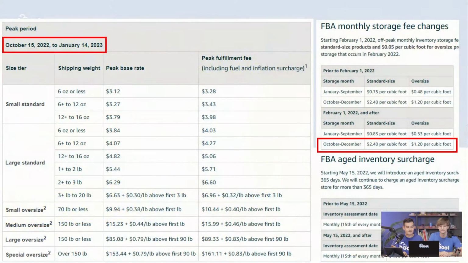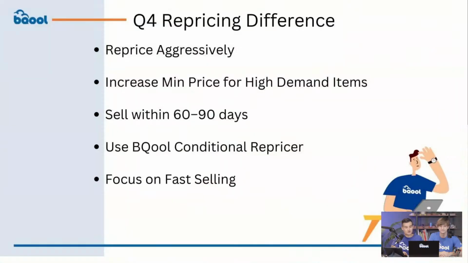So let's take a look at some of the other important factors here, because of these storage fees. What do you want to do here? Yeah, first, you want to make sure that you reprice aggressively, because there's a lot of seasonal items you're going to sell, and you don't want to be stuck with those items for the next year. If you don't sell out some Christmas items or Halloween items, later on not many people are going to be interested in buying them.